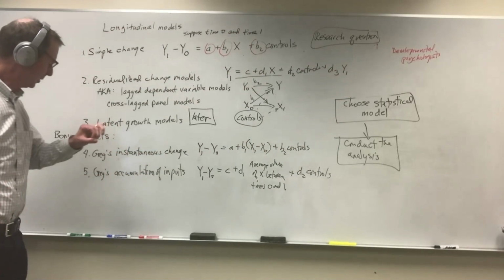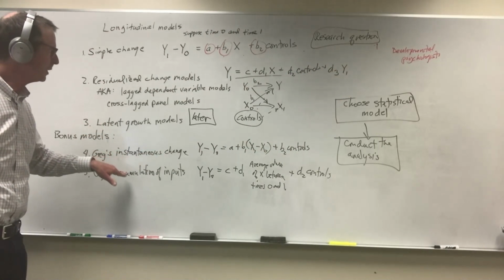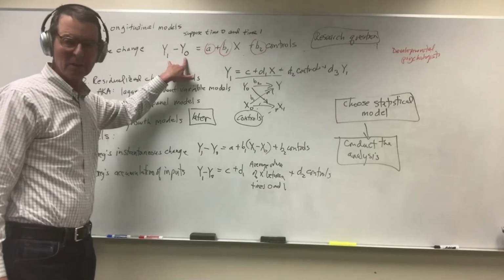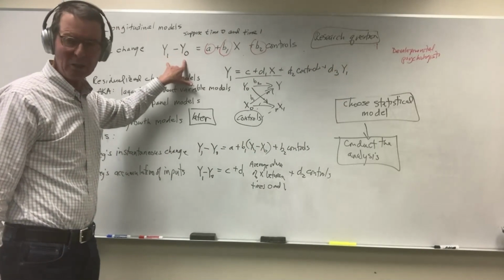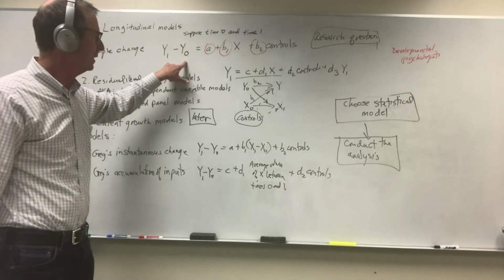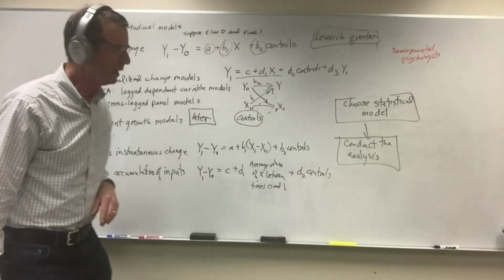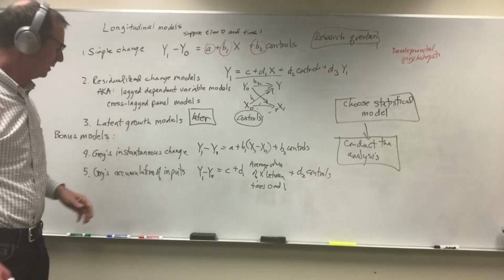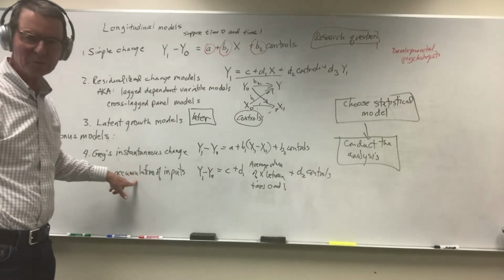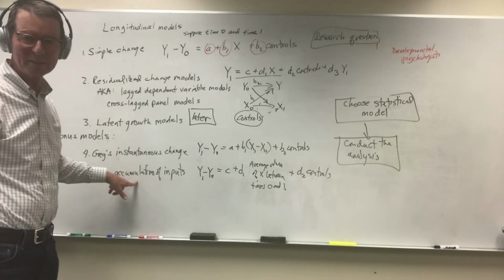And I'm about to go through this accumulation of inputs model, which suggests you should have Y0 on the left-hand side with a simple change as the dependent variable. If you stick it over on the right-hand side and allow its coefficient to be freely estimated, you lose the correspondence with the interpretation of the accumulation of inputs model, right?